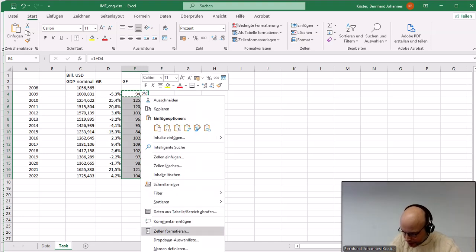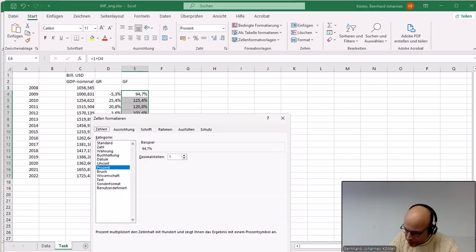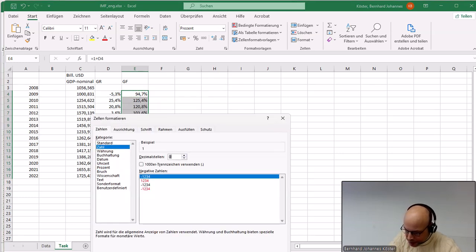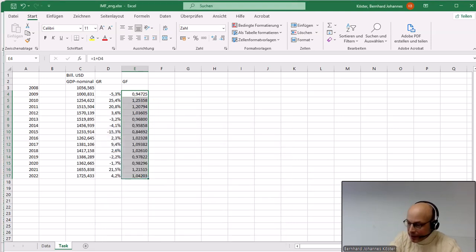Therefore, I change the format back to numbers. And then we have the growth factors. Growth factor is 1 plus growth rate. And then you have to average the growth factors geometrically.